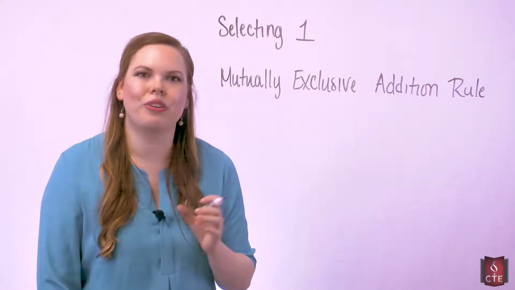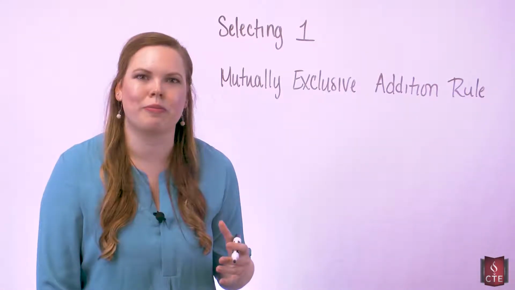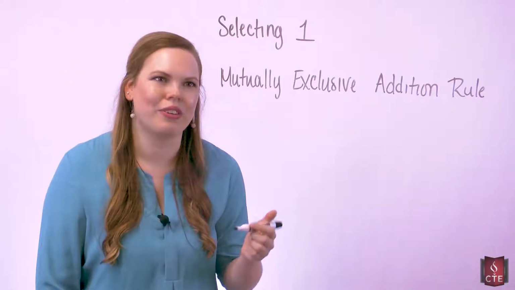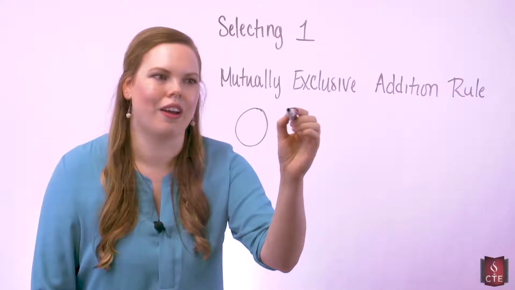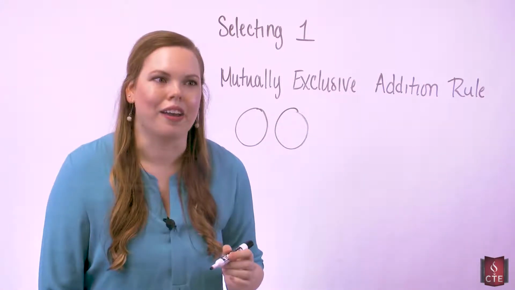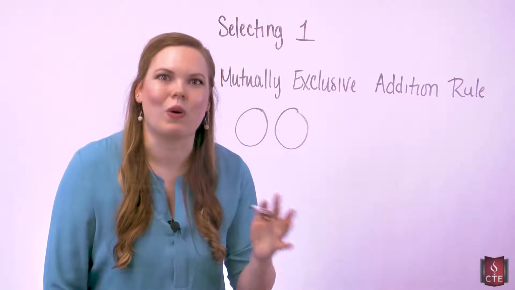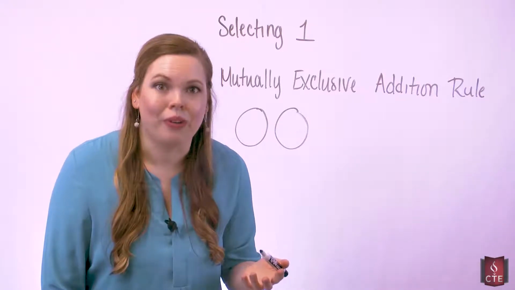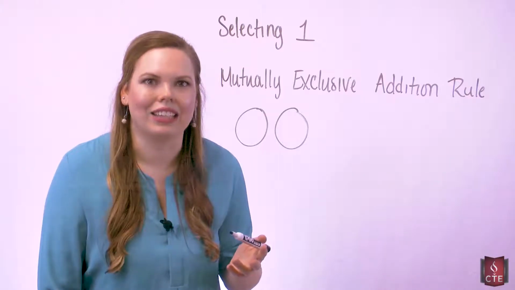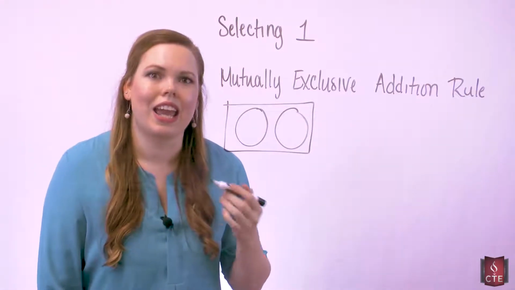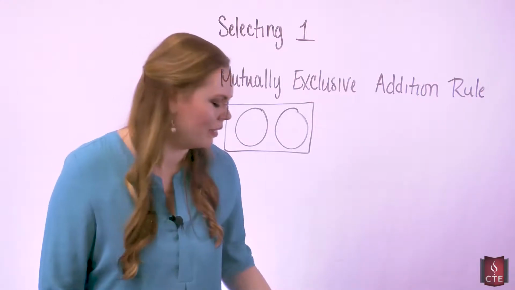When the two events are mutually exclusive, it means that there's no overlap. So if you were to do a Venn diagram of the two events, there would be no overlap between them. If you're choosing one card and you want the probability that it is a king or a queen, you can't have both. You can't have a king and a queen at the same time, so you have no overlap between those two events, and these two events are mutually exclusive.